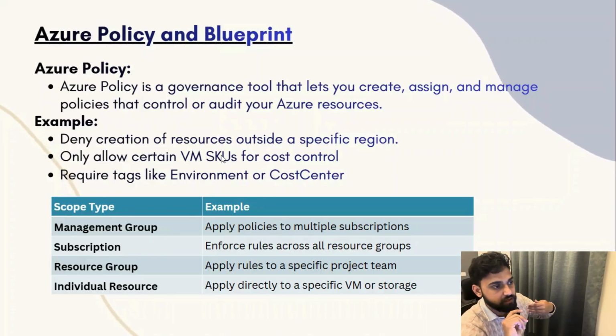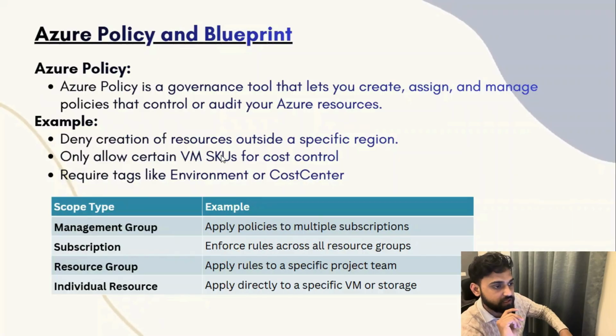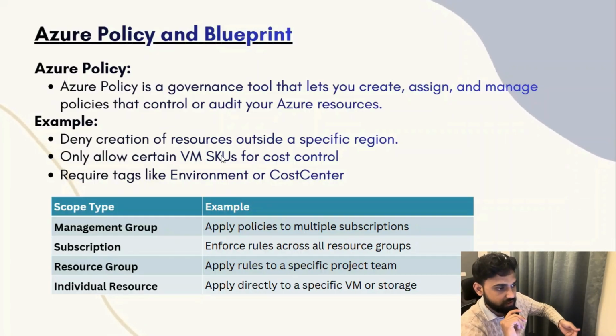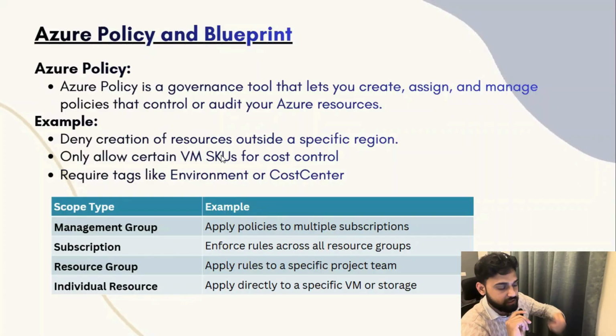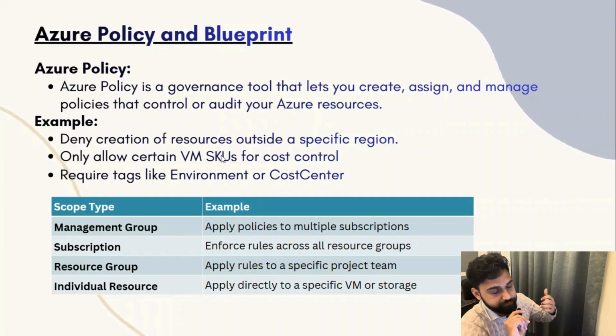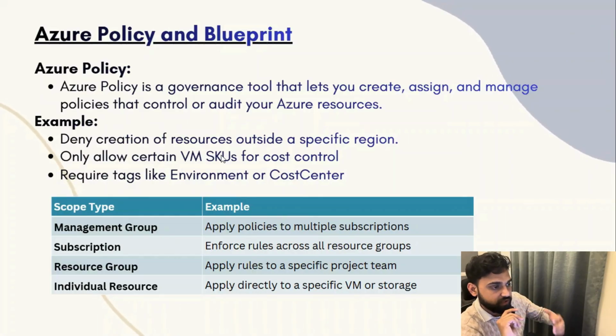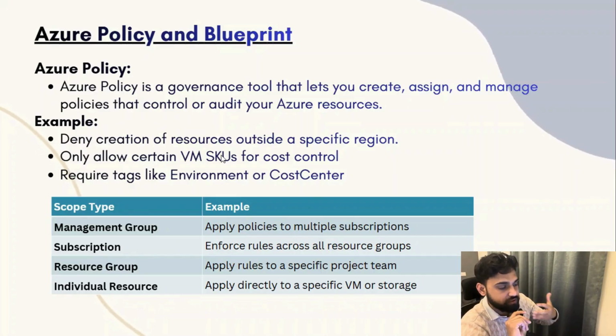Later, when a developer comes to your subscription and tries to create a virtual machine with more than 8 GB RAM, they will not be able to create it, because they will encounter an error. The policy will throw the error that you cannot create a virtual machine with greater than 8 GB RAM. Something like that, rules you can apply using the Azure policies.